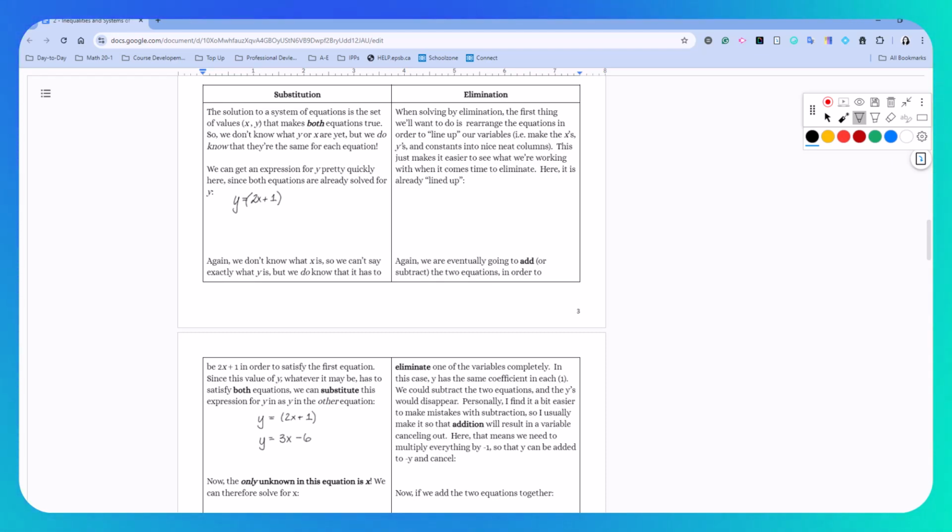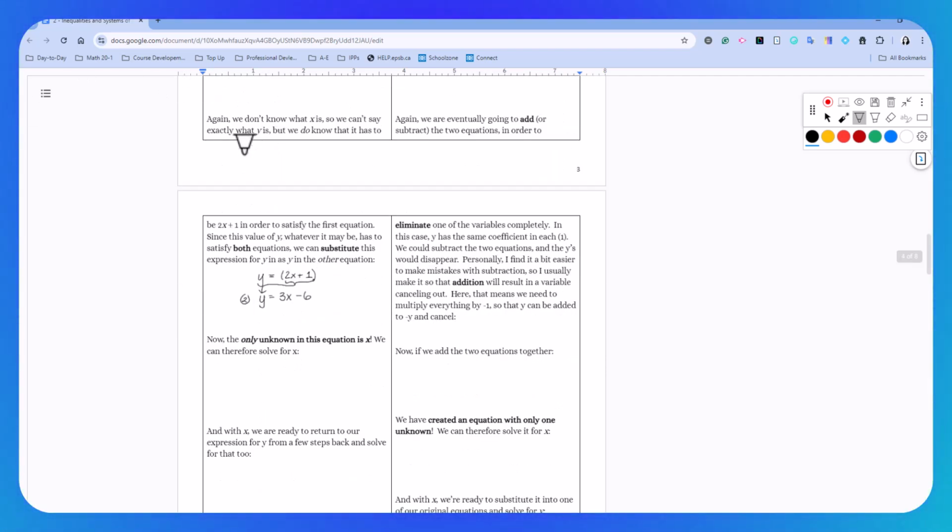So wherever there's a y in equation 2, I'm going to take this thing right here and put it in there. So now what do we end up with? Well, now when I make that substitution, I have 2x plus 1 equals 3x minus 6. I've substituted one expression for y into y in the other equation.